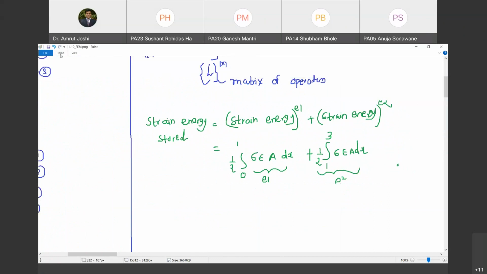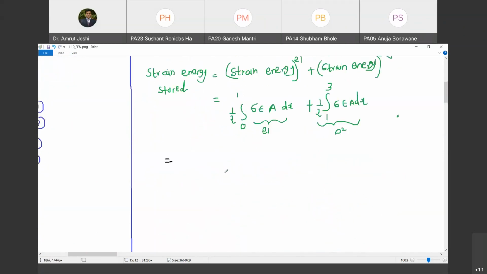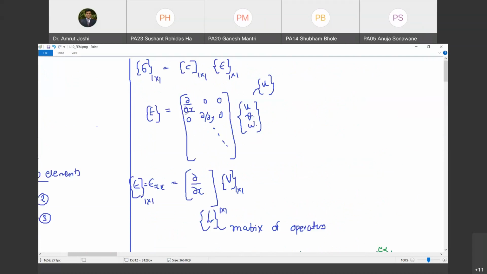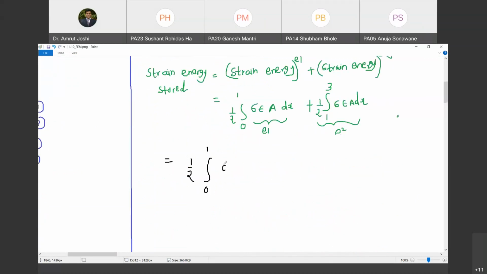So now strain energy stored will be the summation of strain energy in element number 1 plus strain energy in element number 2. So therefore strain energy stored now can be written as half integration 0 to 1. Now stress, I'm going to substitute it as C times epsilon. Stress is C times epsilon.